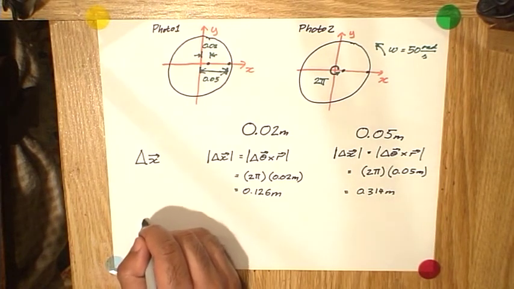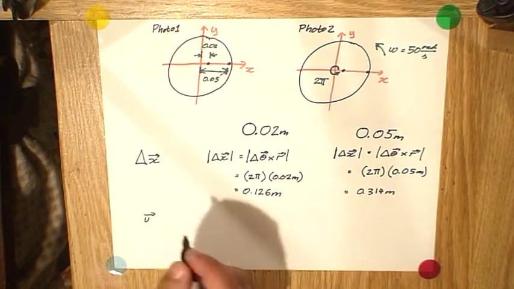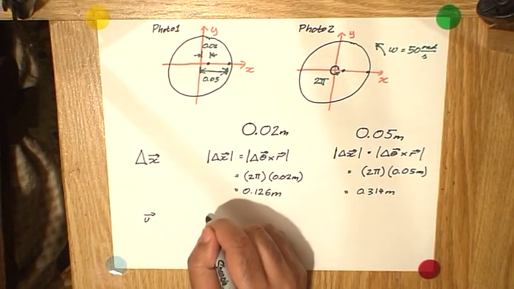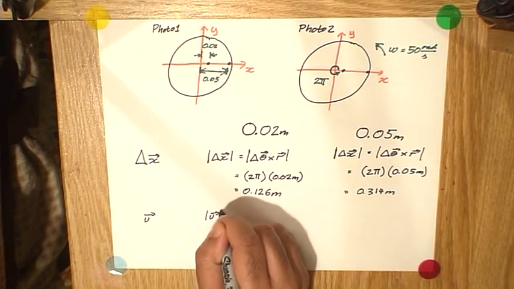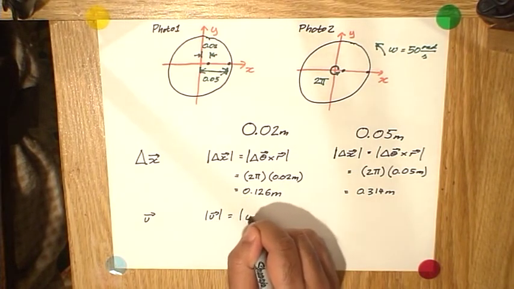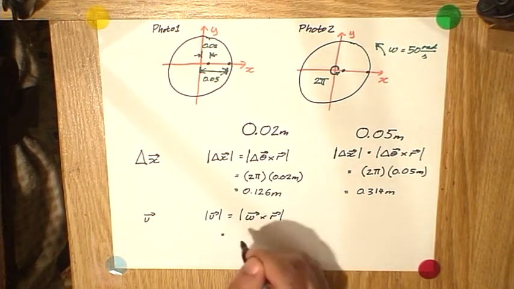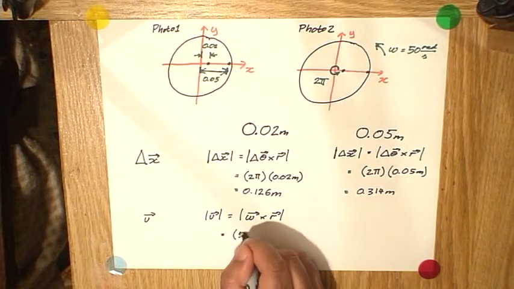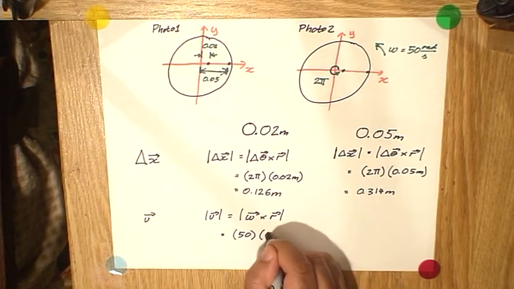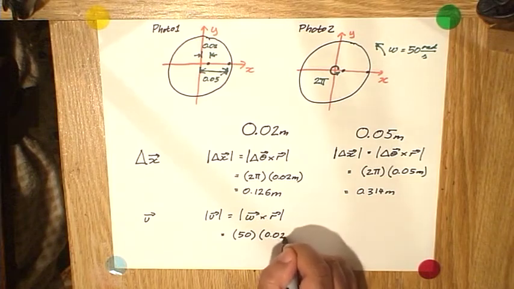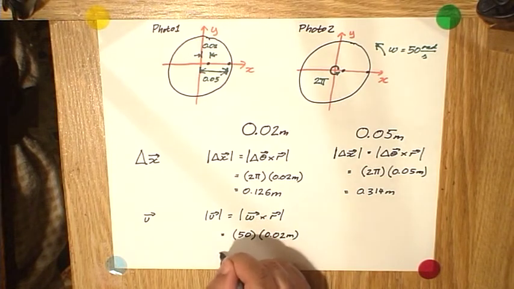Now, what about the linear velocity? We use a similar equation. The linear velocity is equal to angular velocity cross radius, which works out to: the angular velocity is 50, the radius was 0.02 meters, so 50 times 0.02 is going to give us 1 meter per second.